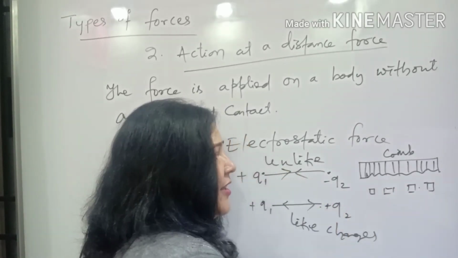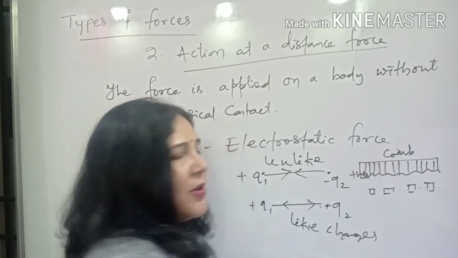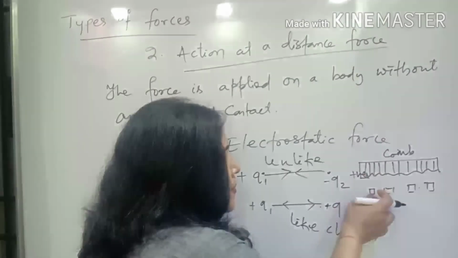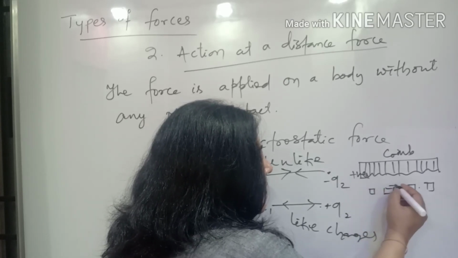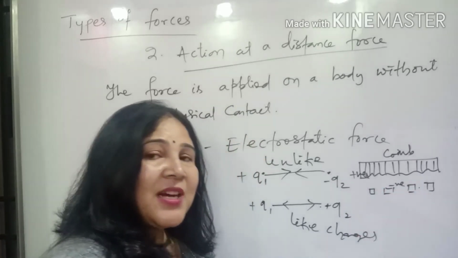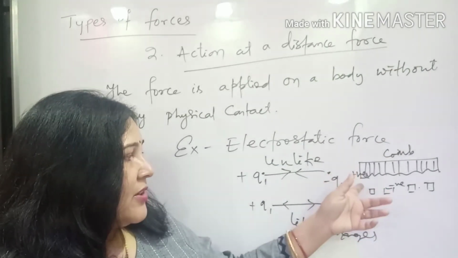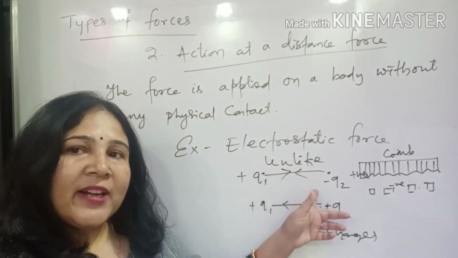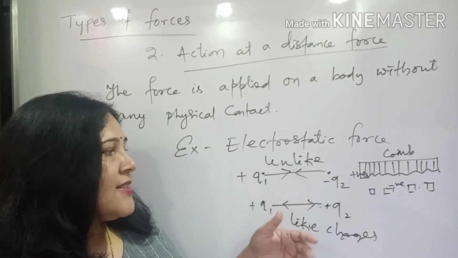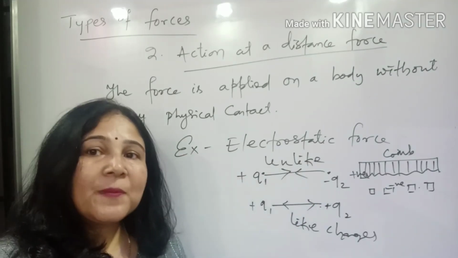Suppose this comb gets positively charged. When I show it to the bits of paper, due to induction they develop opposite charges, negative charges. Since this is positive and this is negative, one positive and one negative is called unlike charges. And unlike charges show the force of attraction.